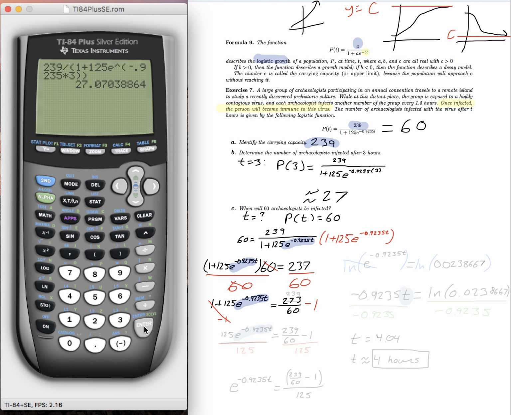And then that will leave us with 125 e to the negative 0.9235 t equal to 270, should that be 273? Sorry, 237.